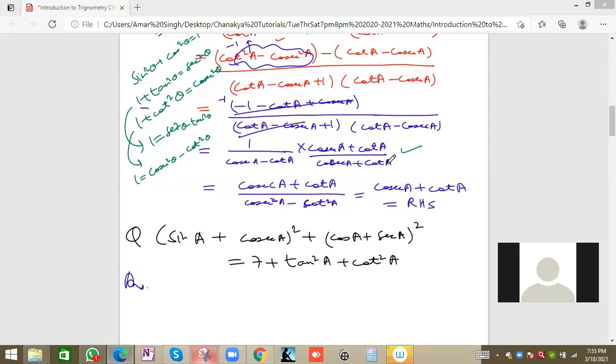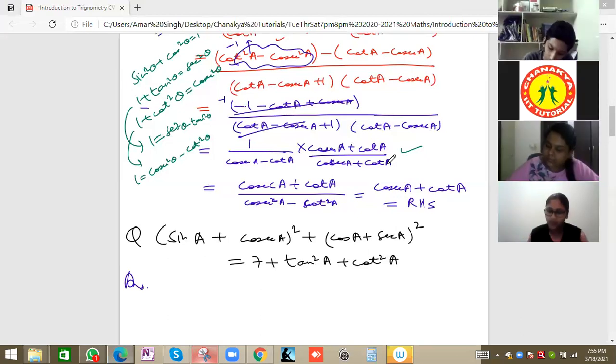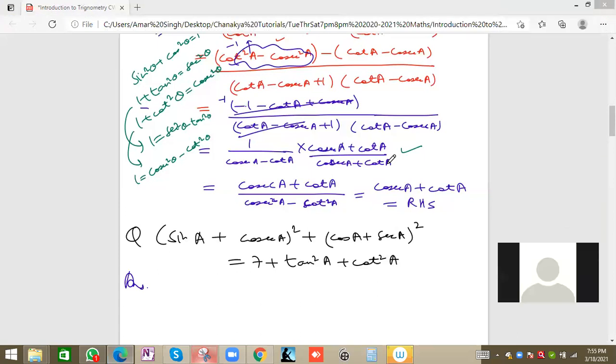Sin A plus cosec A whole square plus cos A plus sec A whole square is equal to 7 plus tan square A plus cot square A. Anyone solve this question? Just try. Vijayajit, Anushka, Tanvi, Prabhanjan, you should be able to get the answer for this question.